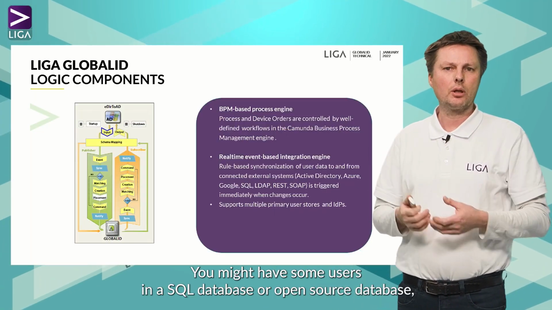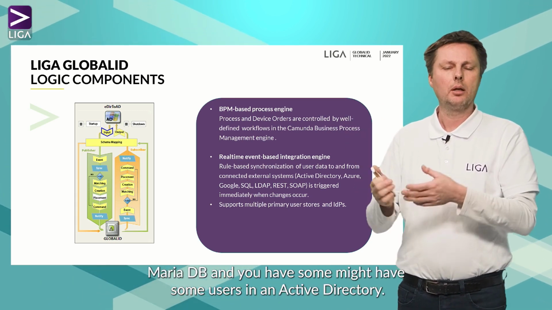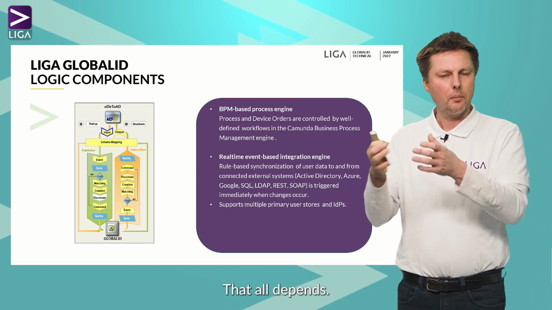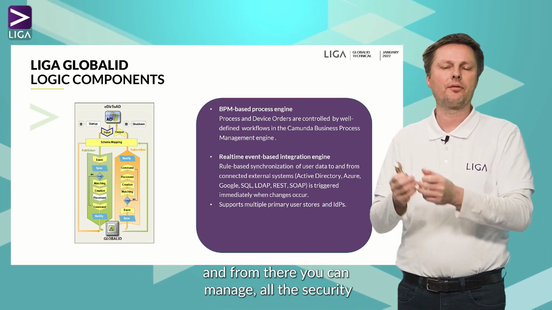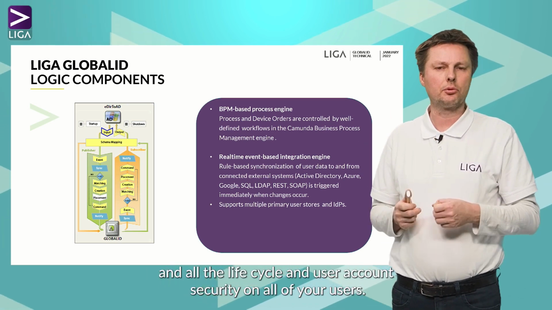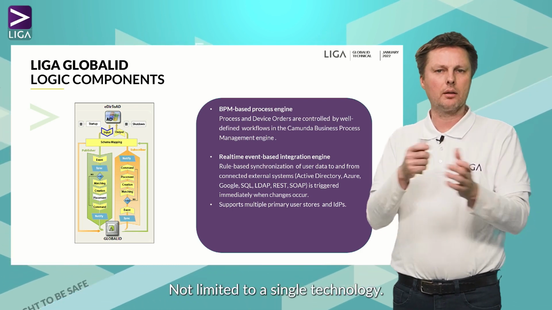You might have some users in a SQL database or an open source database, MariaDB, and some users in an Active Directory. That all depends. We can merge all that into one meta directory, and from there you can manage all the security and all the lifecycle and user account security on all of your users, not limited to a single technology.